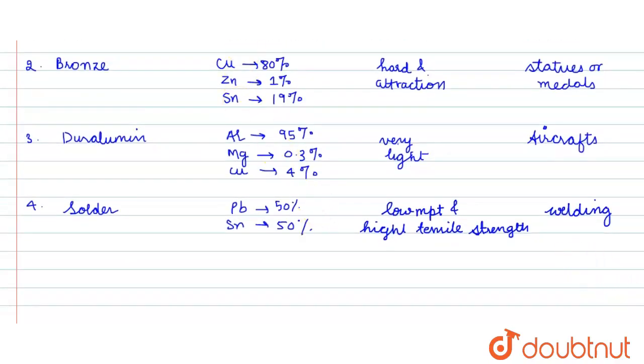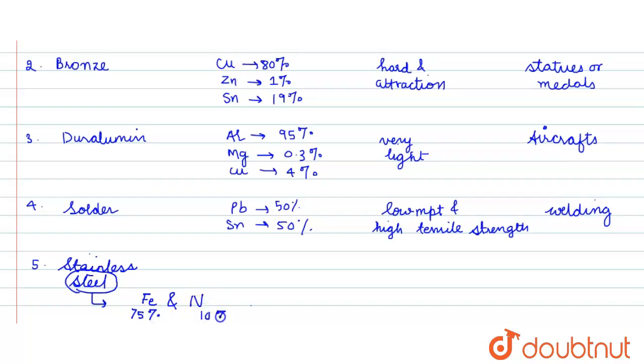So our next alloy is stainless steel. Steel is an alloy of iron and nitrogen. That is, it contains 75% of iron and 10% of nitrogen.